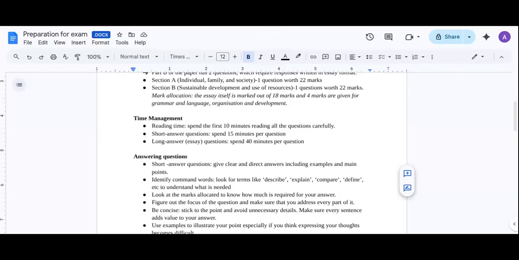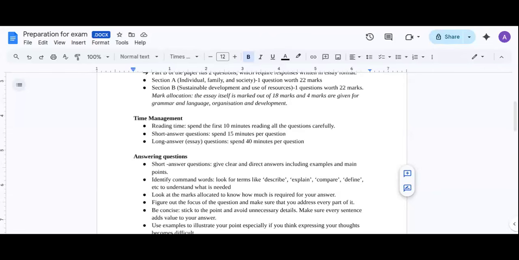So that will take you to 60 minutes. So you'll take an hour to do Part A of the paper. And then for the long answer or the essay type questions, the suggested time is that you spend 40 minutes per question.